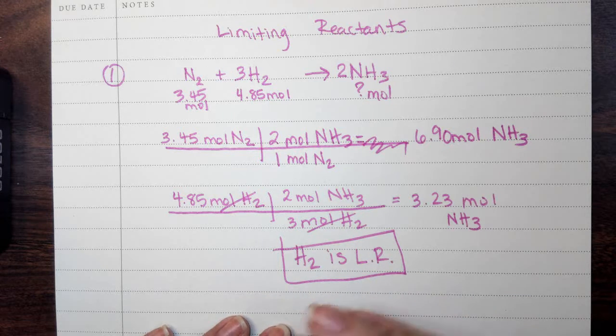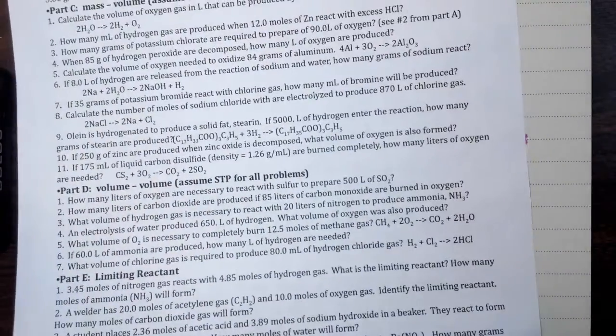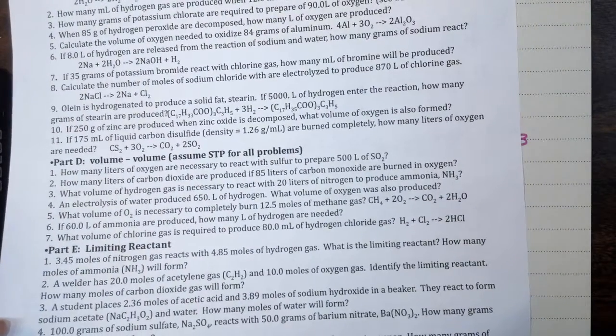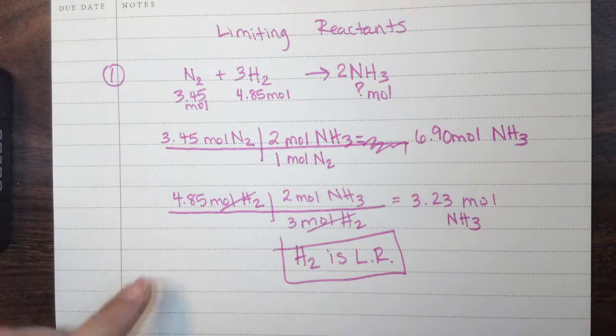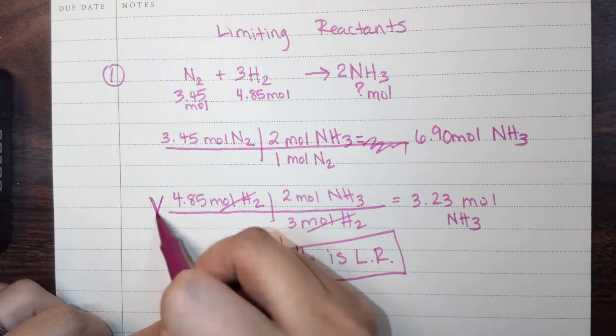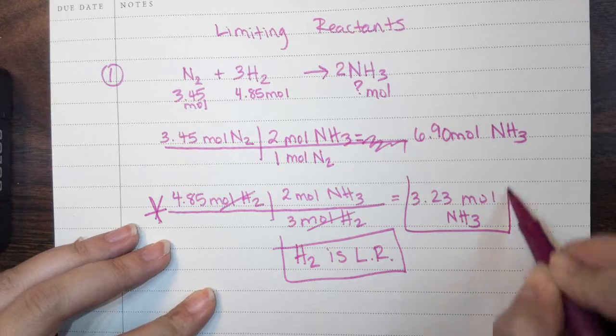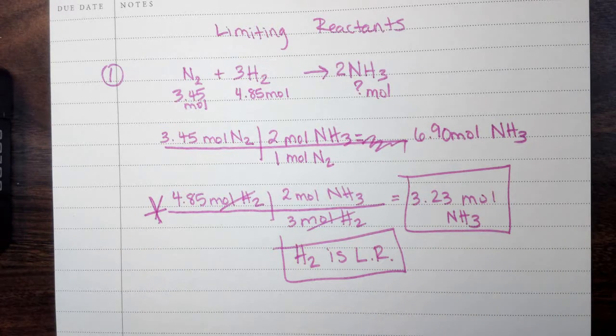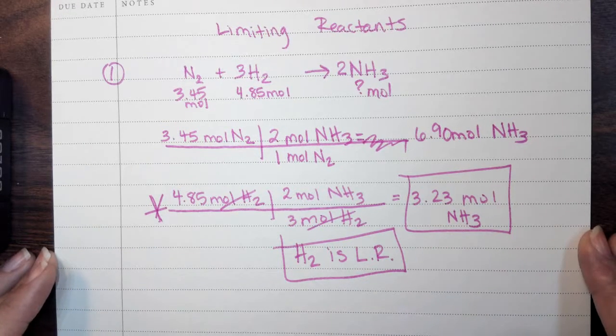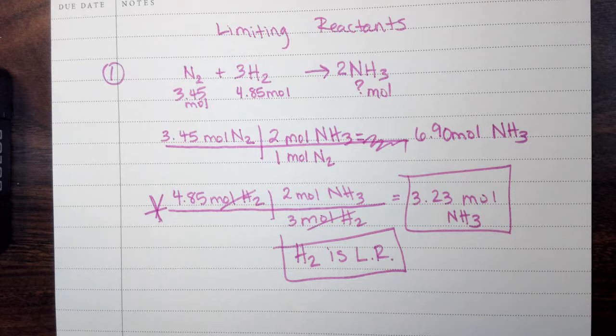Okay, and so by doing it this way, we also answer our second question. How many moles of ammonia will form? Well, since this is my limiting reactant right here, I know its answer is the only amount of ammonia that can actually form. Okay, so there are 2 different ways to do this.